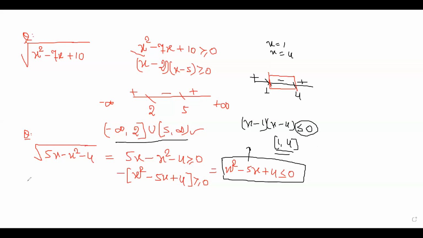One more question for you, and solve it. Write down. Find the domain of 3x minus x square minus 2. Tell me, from where to where x will lie for this question, by the same process as the previous question.